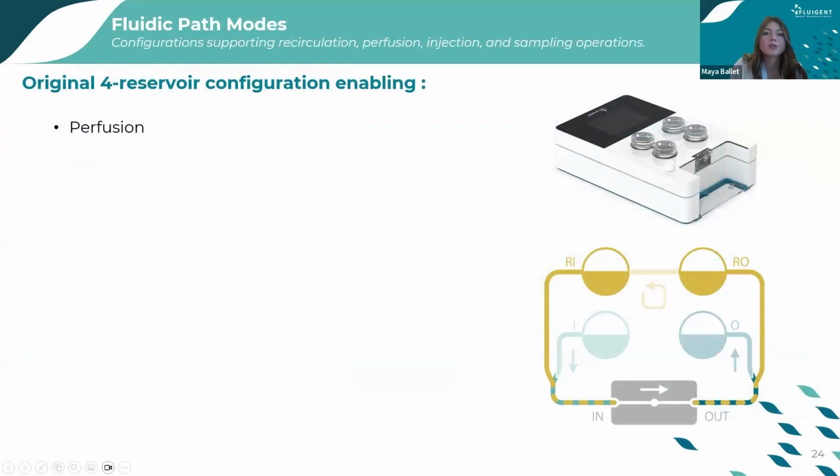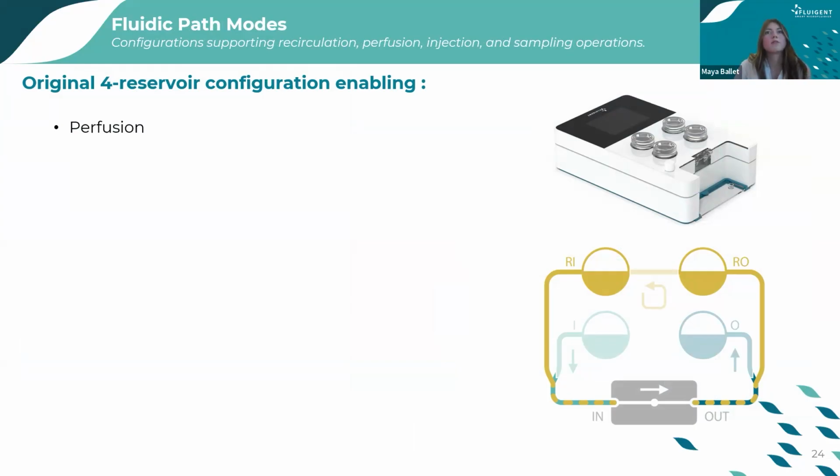OMI allows you to perform 4 main functions, and you can see the corresponding path on the right with the yellow path. First is the perfusion, where the medium flows from one reservoir to another, providing a continuous supply of nutrients and so on to the cells.